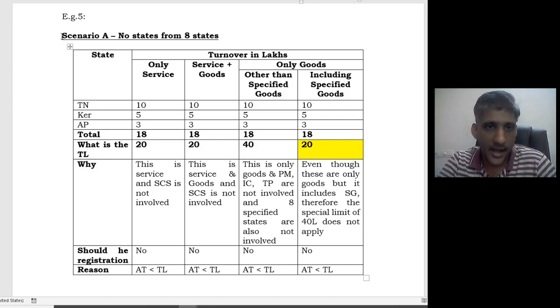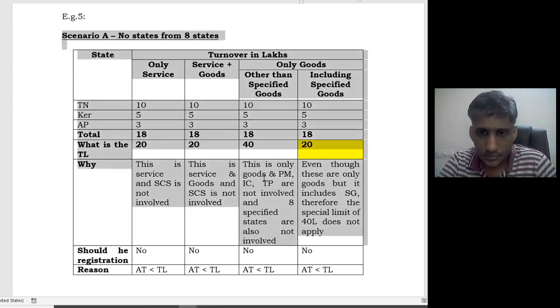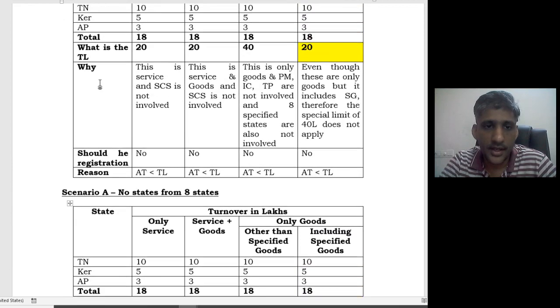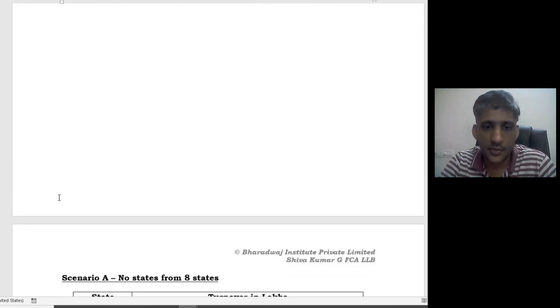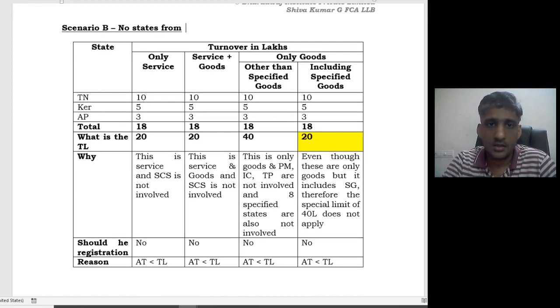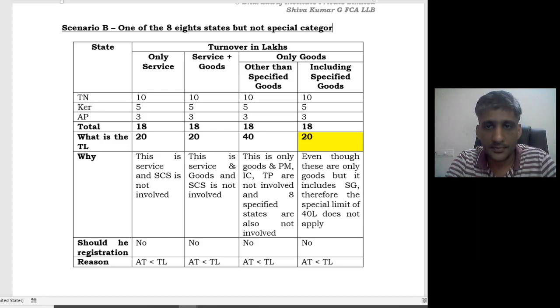Okay, this is scenario A. Now what we will do is, we will take the same stuff, control C, and put it here. Shall we take it to the next page? Yeah, next page. Scenario B: one of the 8 states, but not a special category state.